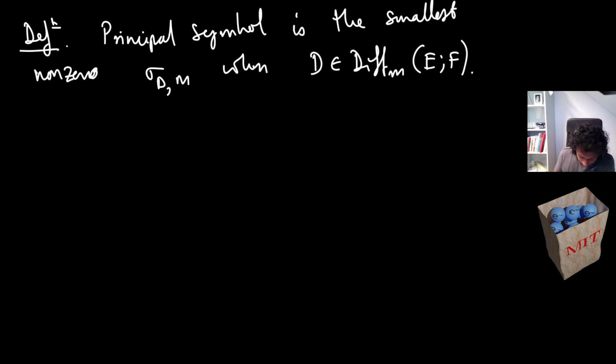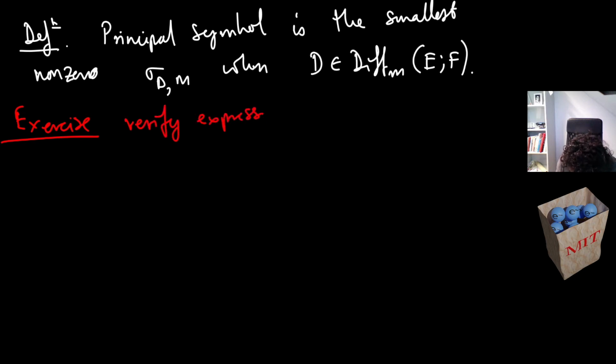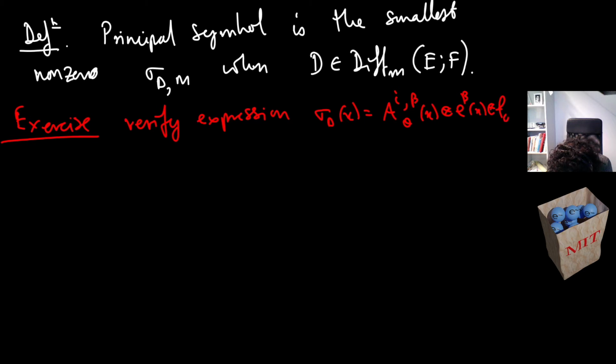So maybe I'll write an exercise at this moment. So maybe you can verify the expression dx equals to ai, what did I write, beta theta x tensor e beta x tensor f theta x when m equals 1.